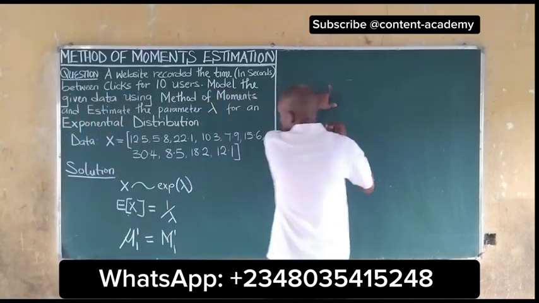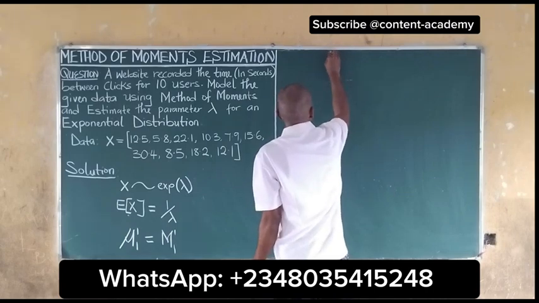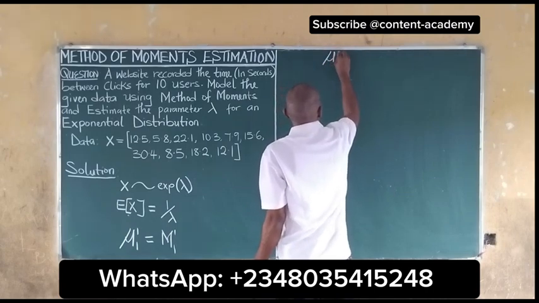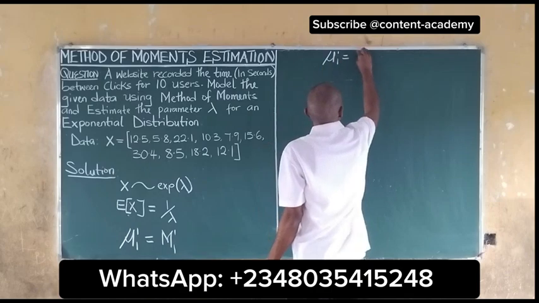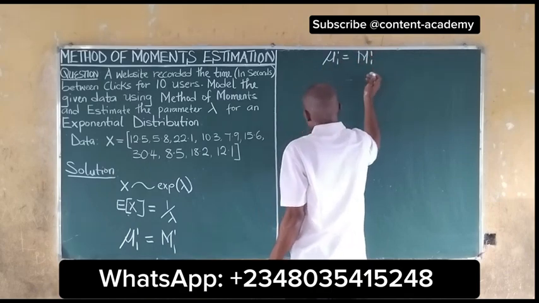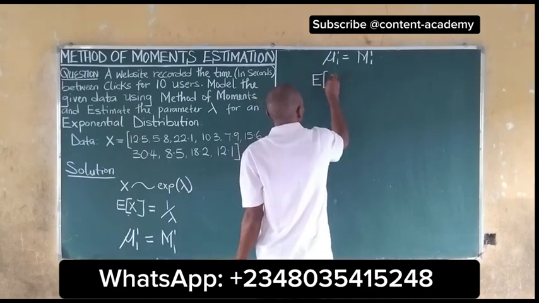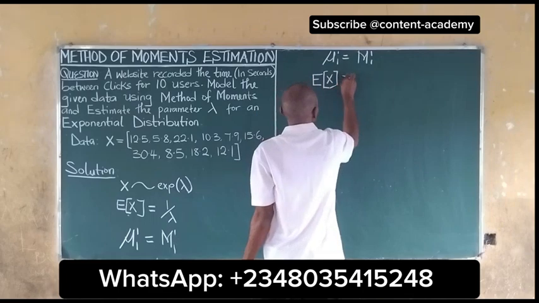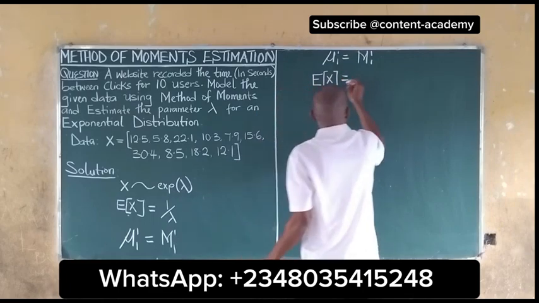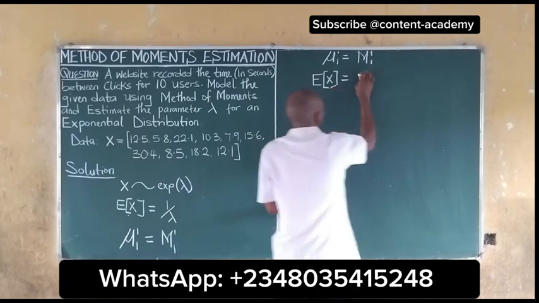So we move over to this side of the board. If we have mu, which is our mean, to be equal to m1, it then means that our expected value, because mean is equal to the expected value of x, will be equal to the sample mean.